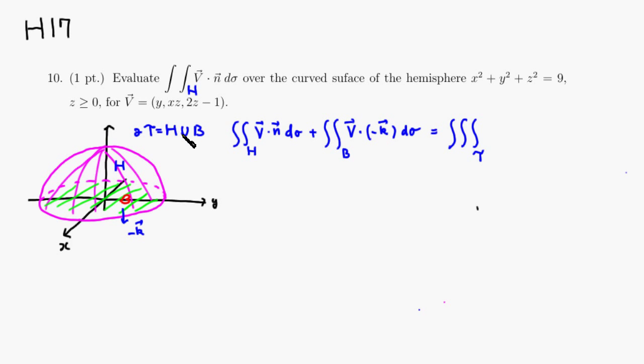So it's going to be the divergence of V with respect to the volume element. Keep in mind that what you're looking for is this one.